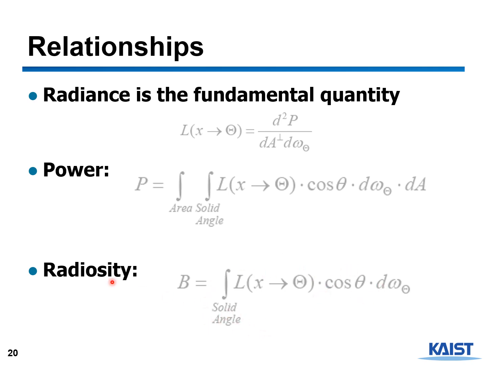Radiosity is defined at a particular point, so we just have this single integration. That's why radiance is a fundamental quantity: once we know it, we can define the power and the radiosity.